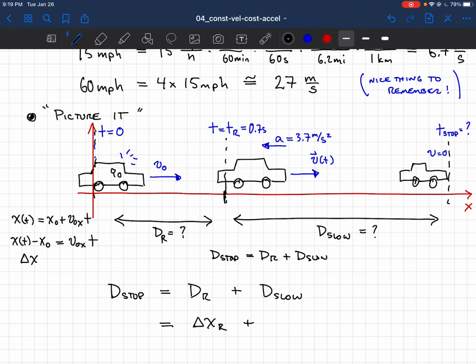The d-slow is going to be the delta x for the slowing. And that one will come from a different equation because this here is constant velocity. For the second phase, we're going to have to use constant acceleration. So that's going to be x of t is equal to x0 plus v0x t plus 1/2 ax t squared.